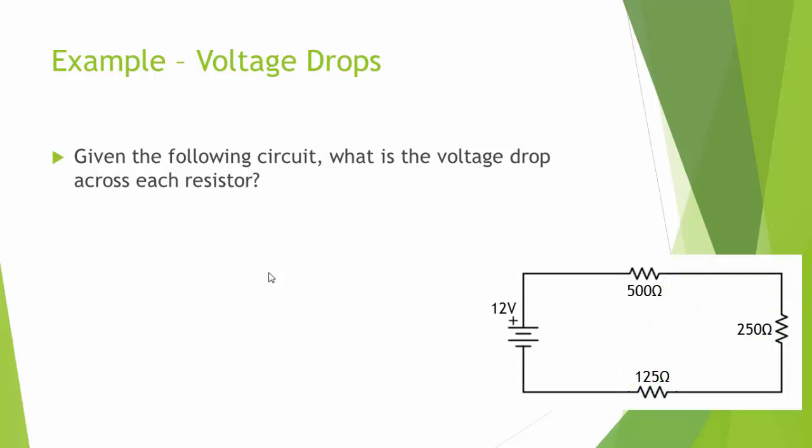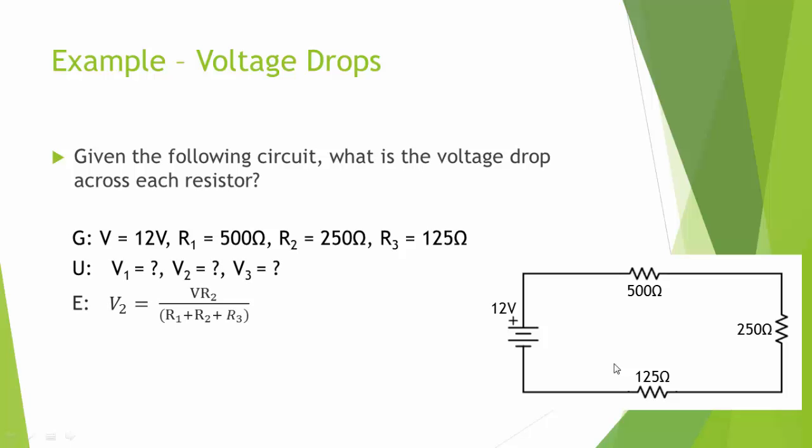So let's go through a quick example. Here's a simple circuit, 12 volt power supply, and 3 series resistors. So if we want to know the voltage drop across each one of these resistors, we can take the total voltage drop, in other words, the power supply voltage, the individual resistances, and do the calculation.